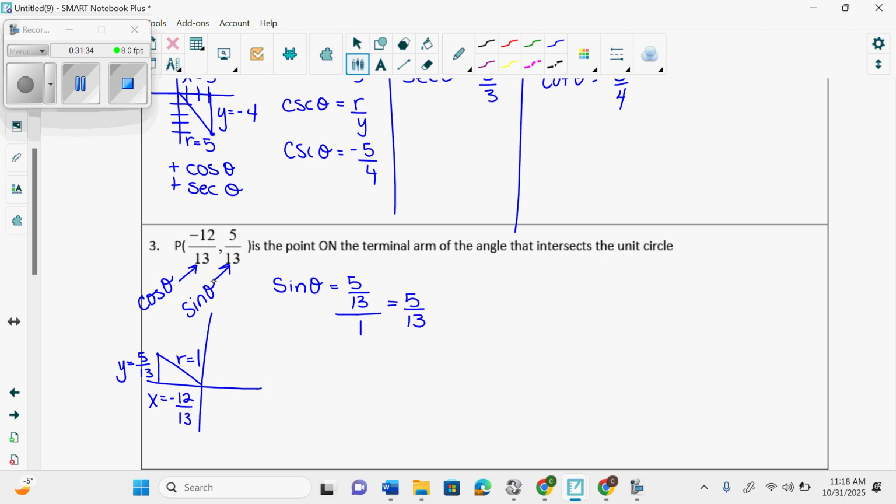So sine theta is 5 over 13, and cos theta is negative 12 over 13. Then their reciprocal trig identities are really easy because it's just those flipped. Sine goes with cosecant, and instead of 5 over 13, it's 13 over 5. Cos goes with secant, and instead of negative 12 over 13, it's negative 13 over 12.